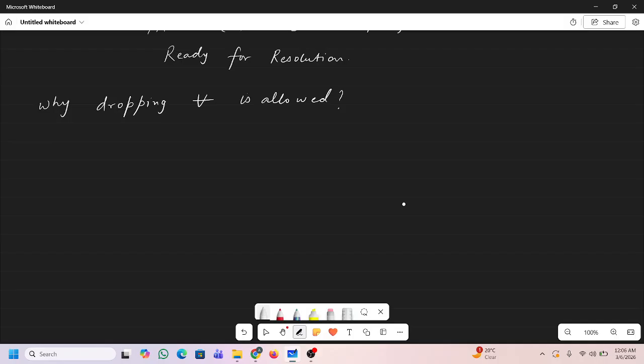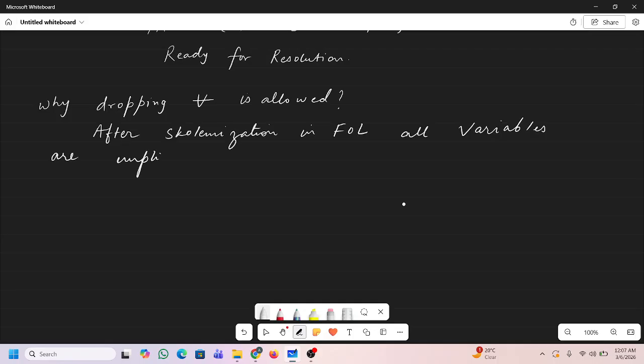That means after Skolemization, in FOL, all variables are implicitly universally quantified.